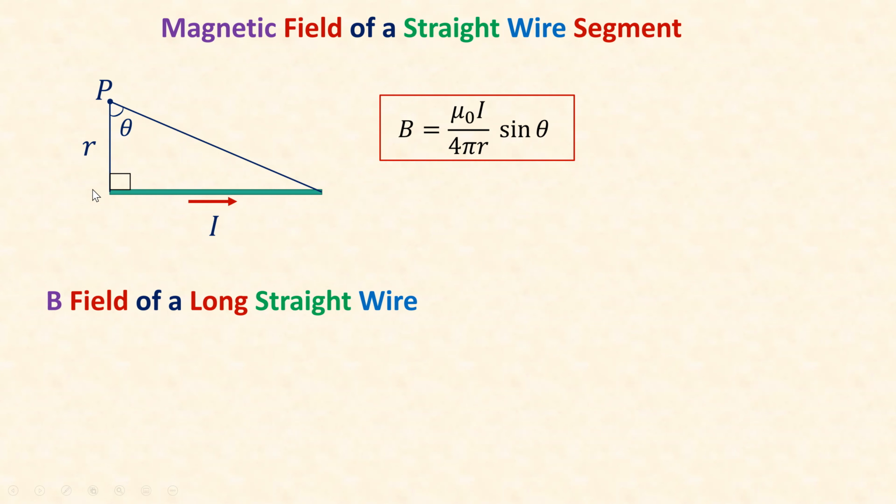If you have another semi-infinite half line on the other side, you have a total infinite line, and the two magnetic fields add up because they are in the same direction at this point. So sine theta becomes 1, and 2 times mu naught I over 4 pi r becomes mu naught I over 2 pi r. This is the magnetic field of a long straight wire.